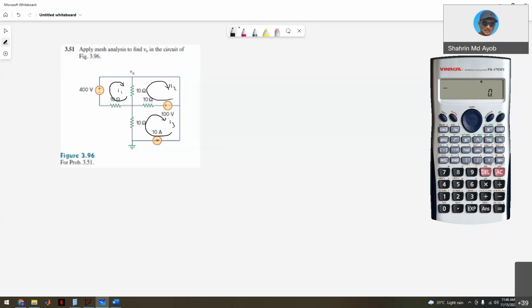Right now, as you can see for I3, you have a current source here, and this current source is not shared with another mesh current. So you can just put I3 equals the mesh current. But right now my current direction is opposite to the current source, so I need to put negative 10. So only two mesh currents are required to derive the equations.